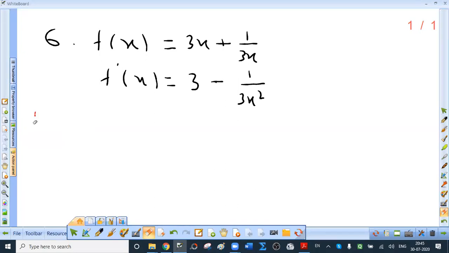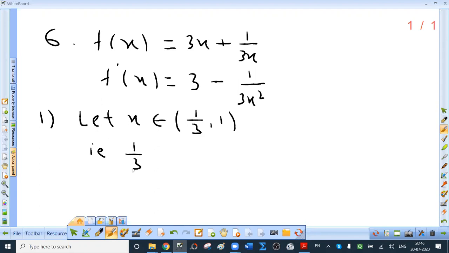Okay. Now first part: let x belong to the open interval 1 upon 3 to 1. 1 upon 3 to 1 means what? 1 upon 3 less than x less than 1.